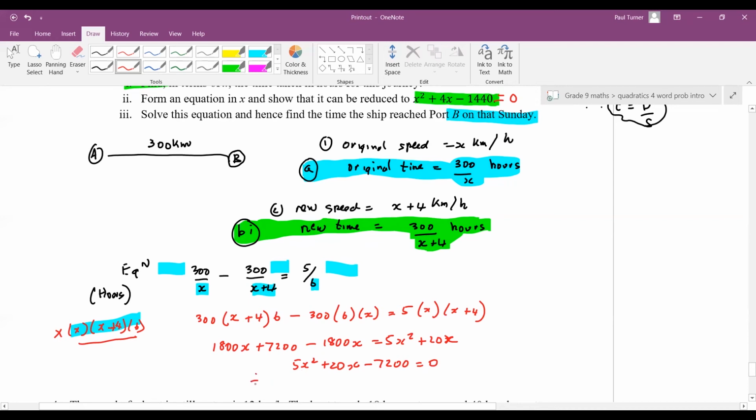So we divide all of that by 5. So then you'll end up with your X squared plus 4X minus 1440 equals 0. So that's what you need to do in this kind of problem to answer part 2. Okay, so this would be the procedure for part 2 here.